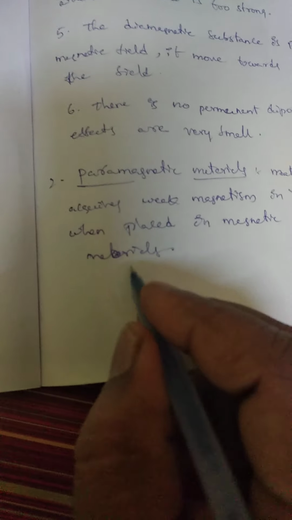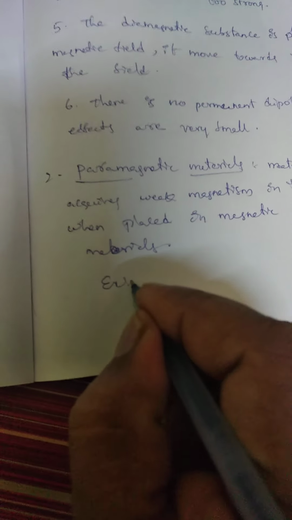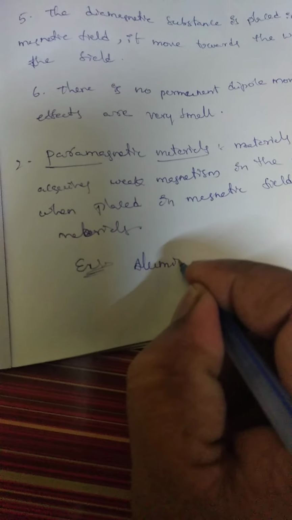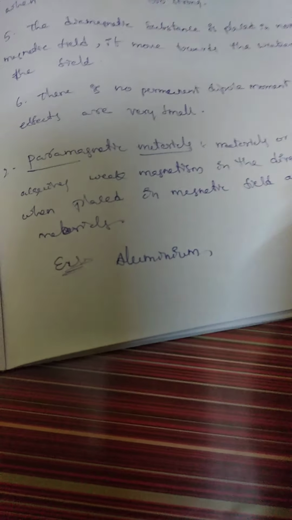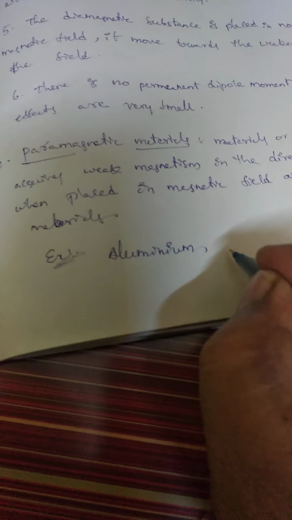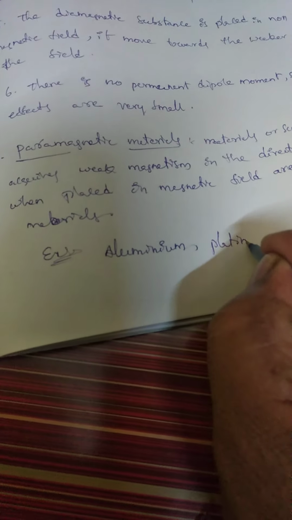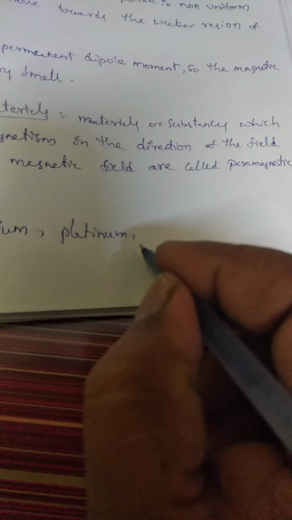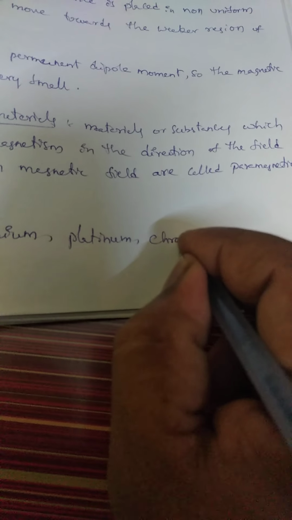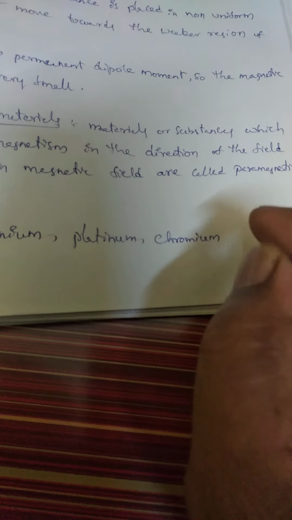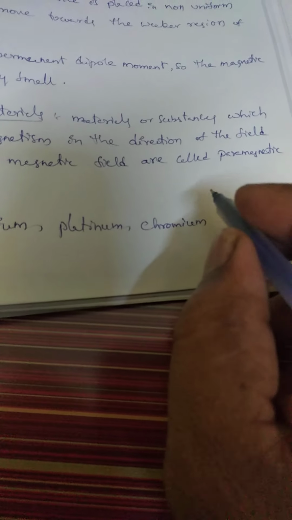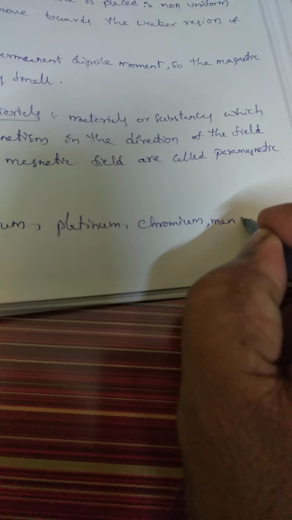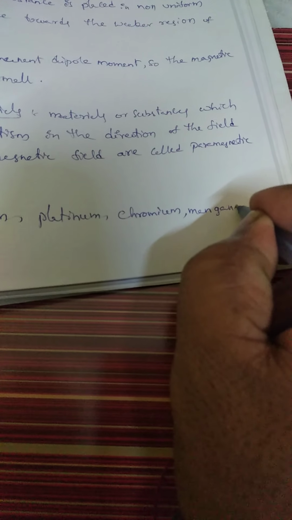Examples: aluminum, platinum, chromium, manganese.